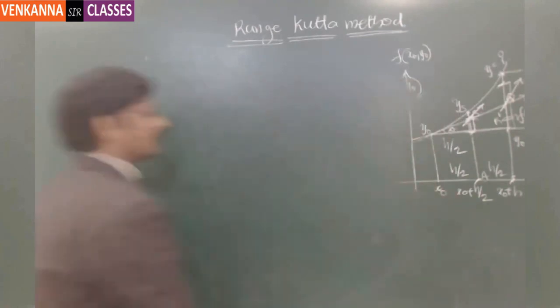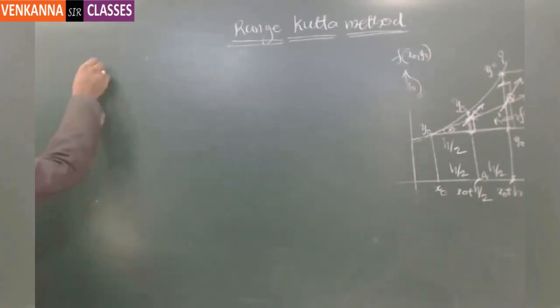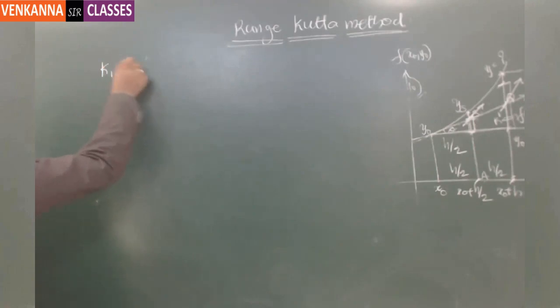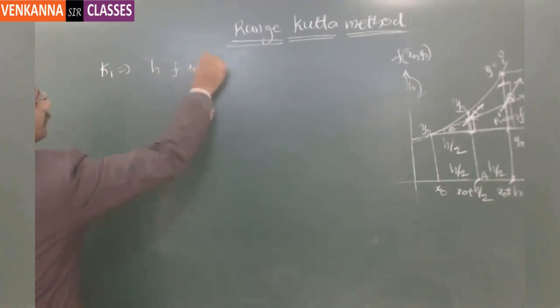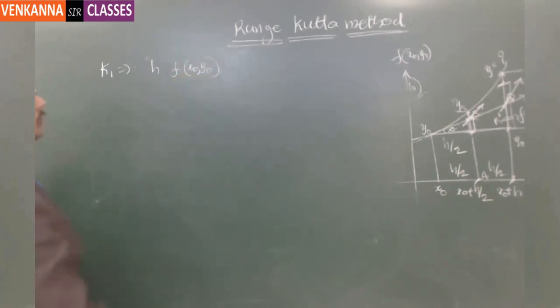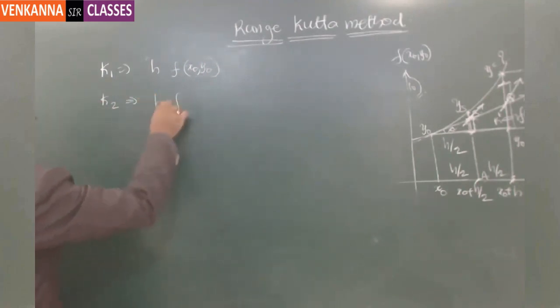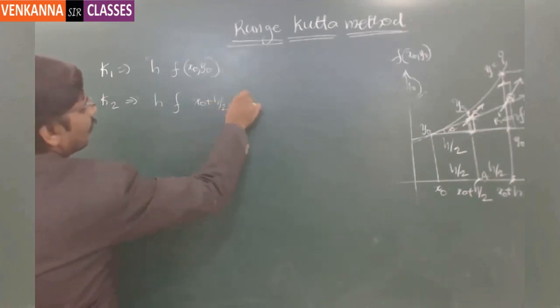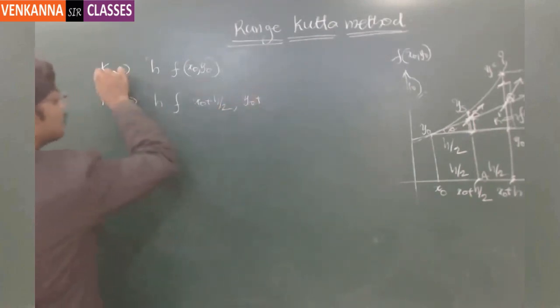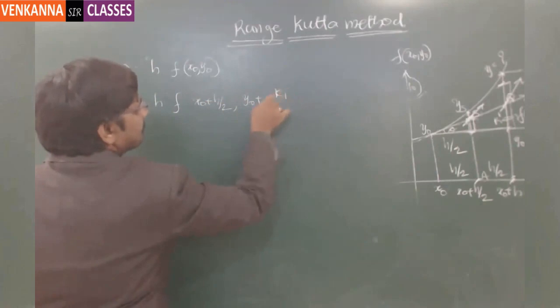So in Runge's method, what we are trying to do is, first we calculate k1. So k1 is nothing but h times of f of x naught y naught. So this is k1. And then k2. K2 is h times of f of x naught plus h by 2 comma y naught plus this k1 by 2.